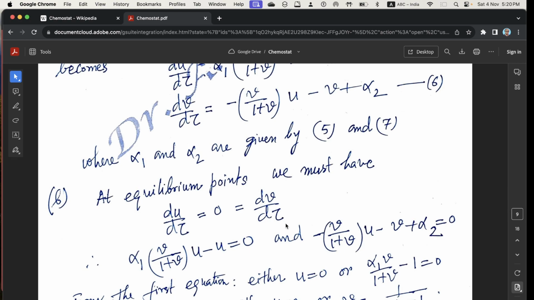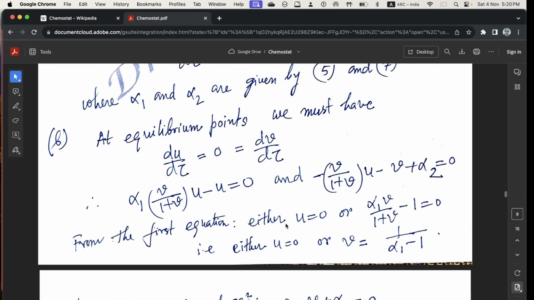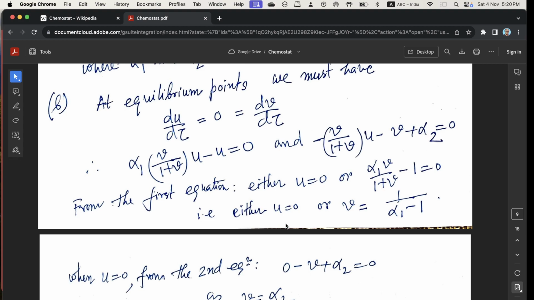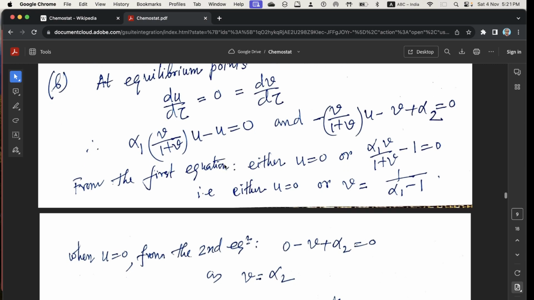Now for equilibrium points, we must have du d tau equal to 0 equal to dv d tau. So alpha 1 v by (1 plus v) into u minus u equals 0 and minus v by (1 plus v) into u minus v plus alpha 2 equals 0. From the first equation, obviously, either u equal to 0 or alpha 1 v by (1 plus v) minus 1 equal to 0.